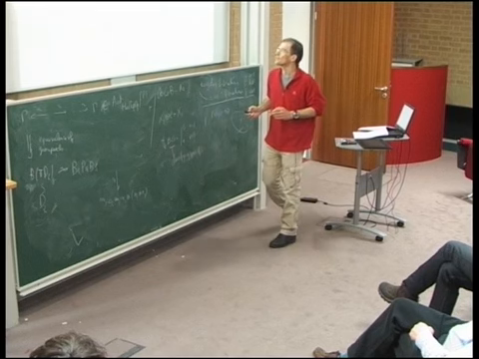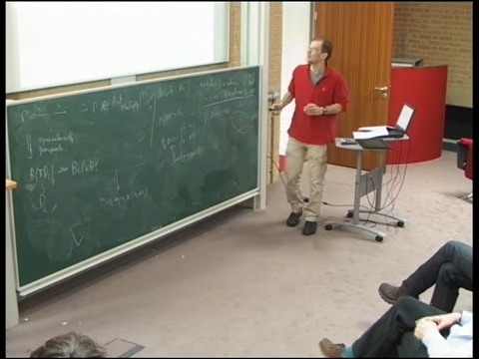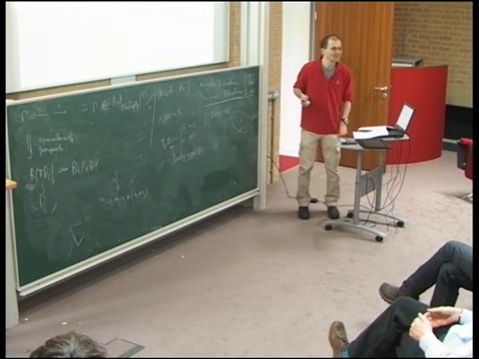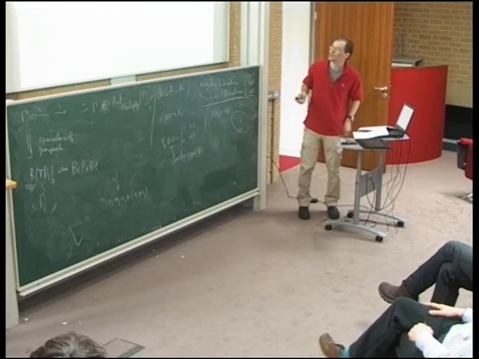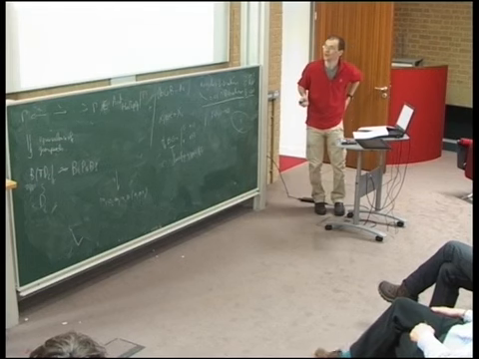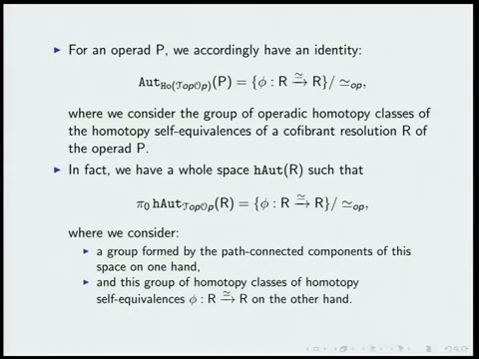Probably I have no time to explain how I perform the computation. So you have this group of homotopy classes of homotopy self-equivalences of R, and the statement is that you can identify this group with the path components of a space that you can compute.